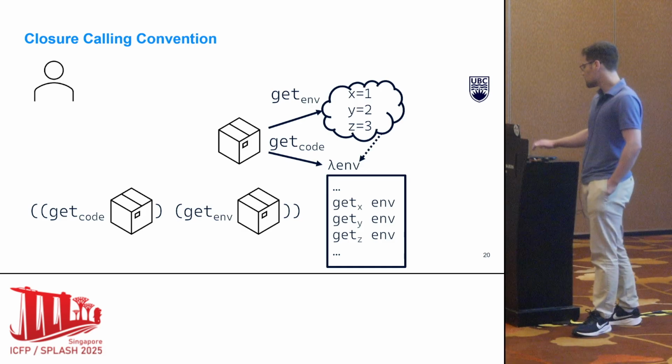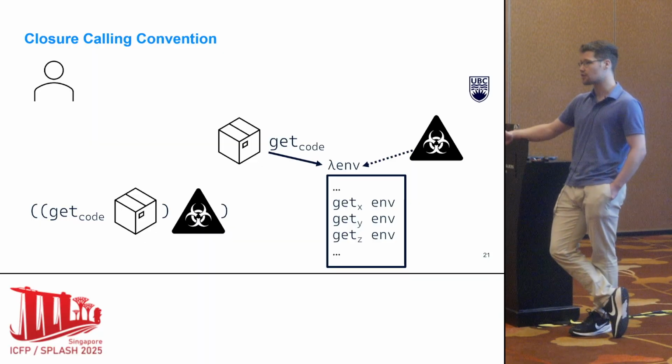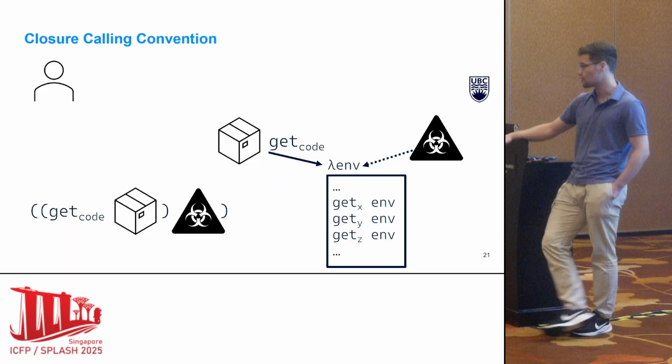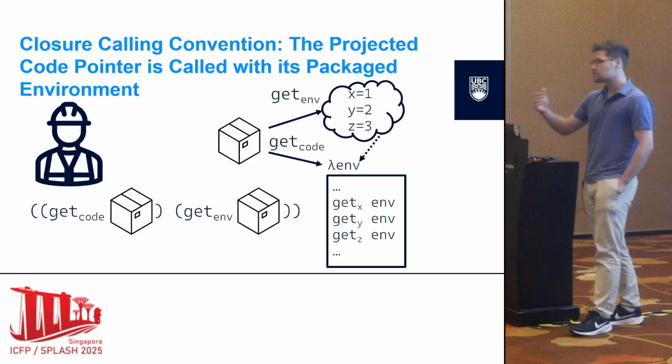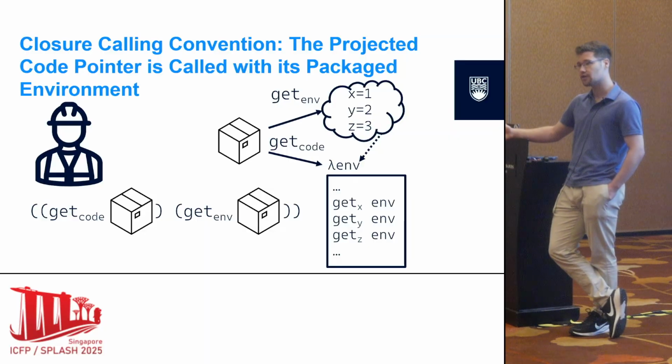But what we don't want to do is pass in some value that does not have the right shape, does not have the values of all the variables, to the projected code pointer. And this is really the key safety property of closures that we want to verify, that the projected code pointer is called with the packaged environment.